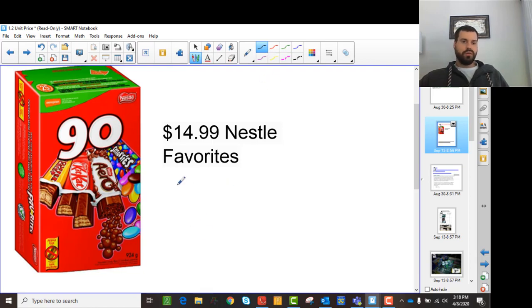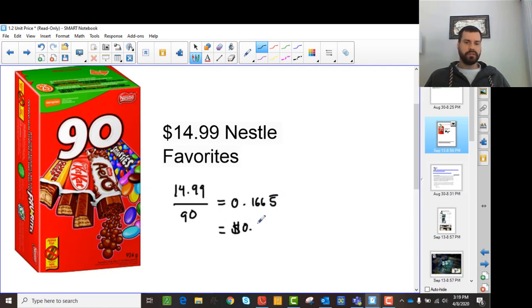I have $14.99 is what the whole thing costs, and I'm going to divide it by the 90 pieces that are in there. That's going to give me the unit price. So if I take $14.99 and divide it by 90, I'm getting 0.1665 repeating. And I say, well, I'm talking dollars and cents here, so we're going to go to 2 decimal places. So it's about 17 cents per bar, or per piece. So that's my unit price.